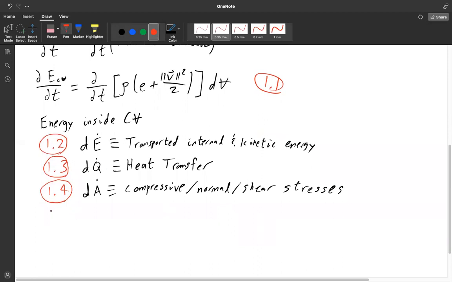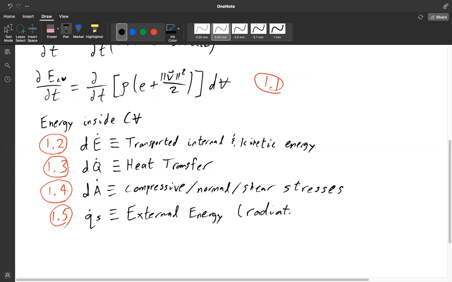And then 1.5, we will call this the external energy. Examples of external energy could be radiation, combustion, or other terms.